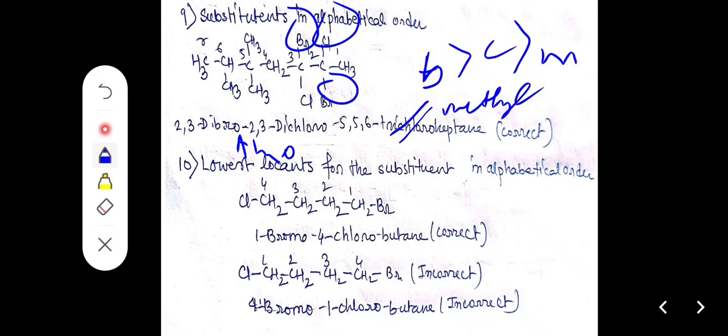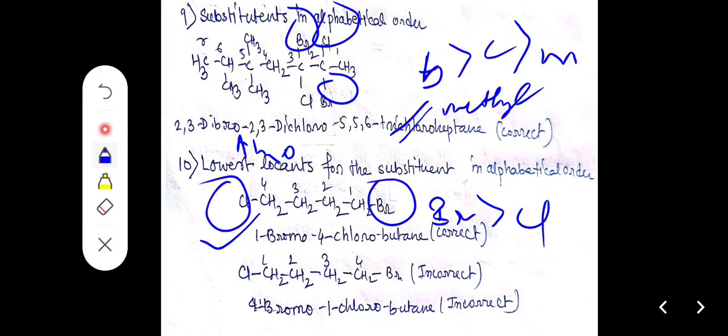Okay, then lower locants for the substituents in alphabetical order. So we have to consider 1-bromo-4-chlorobutane, because always remember Br has preference over Cl. Okay, so the numbering system will start nearby the bromine rather than chlorine. If bromine and chlorine are present on both sides, we have to start numbering nearby the bromine. That is, this is 1, this is 2, this is 3, and so on.